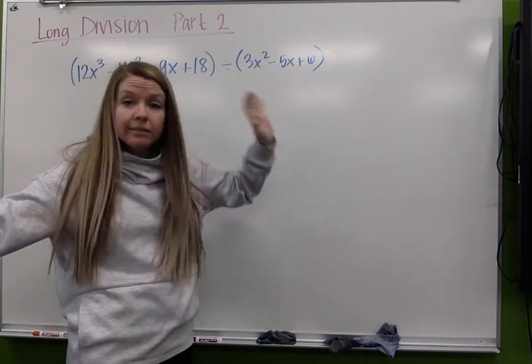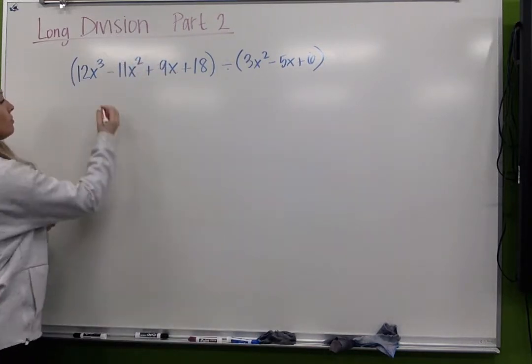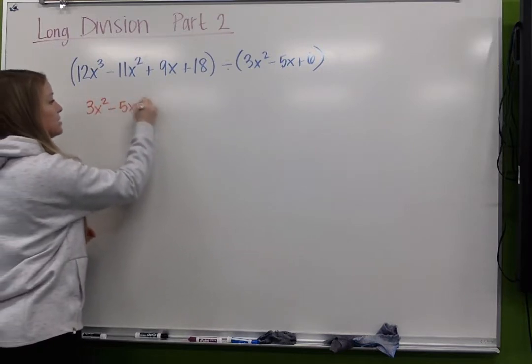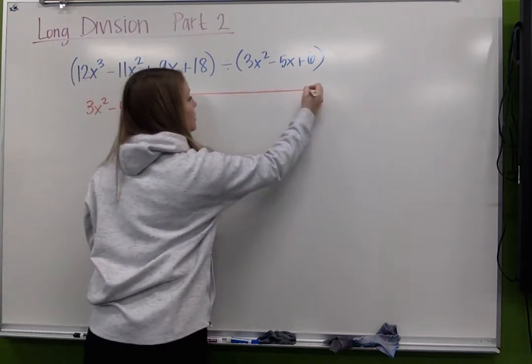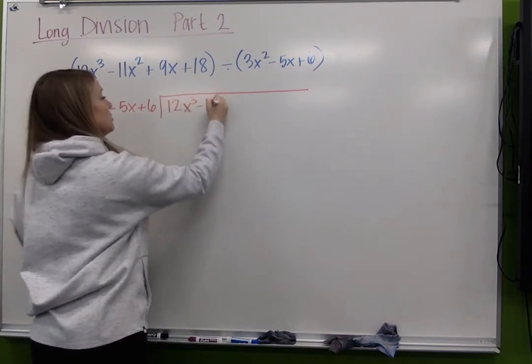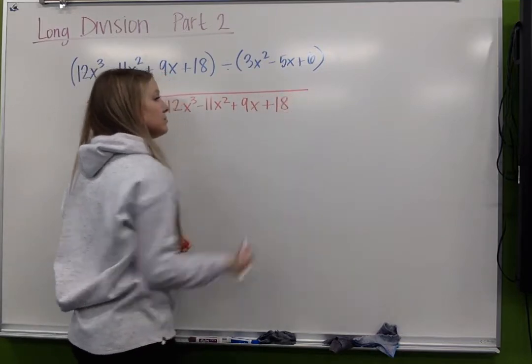Nothing else changes, literally. So we set up our problem. So our divisor, 3x squared minus 5x plus 6. And we are dividing 12x cubed minus 11x squared plus 9x plus 18.